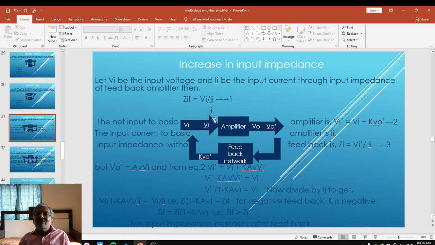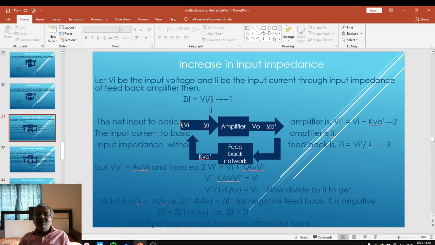Then that particular input impedance is given as ZIF is equal to Vi upon Ii. Let me call this equation number 1.